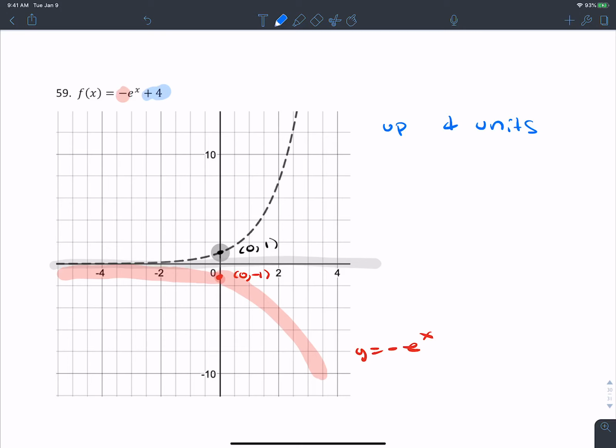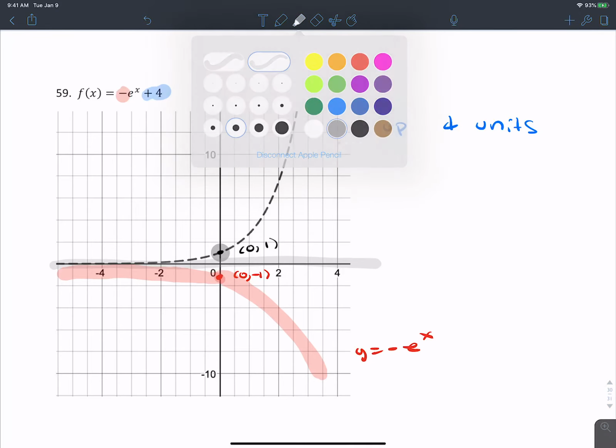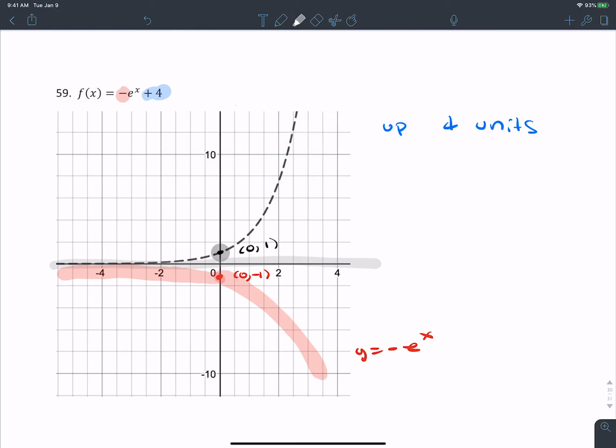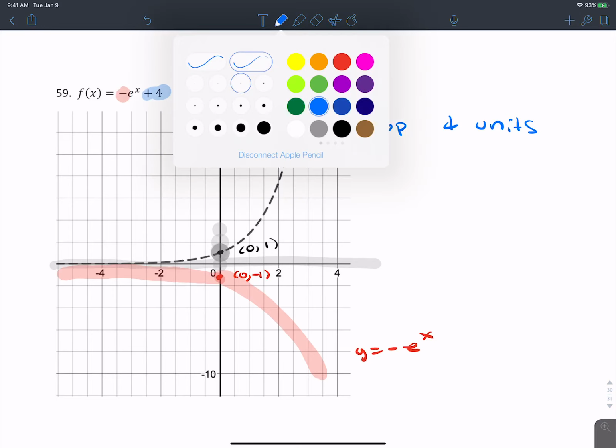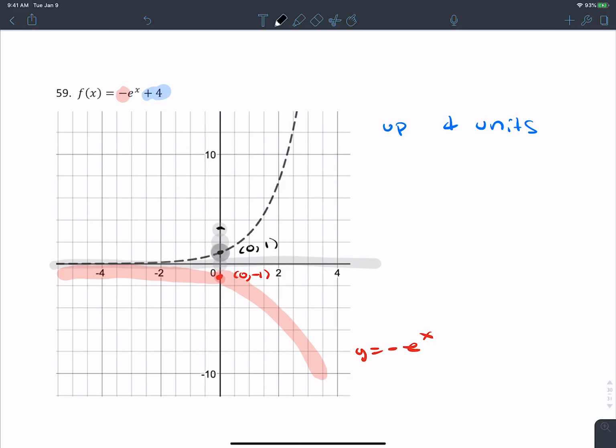There's no horizontal shift. There's no left and right shift. So that's good. And so let's try to shift everything up 4 units. So here we go. Okay, let's go up 4 units now. This is going to be 1, 2, 3, and 4. So this new reference point, let's put a black point there. That's going to be our new reference point.